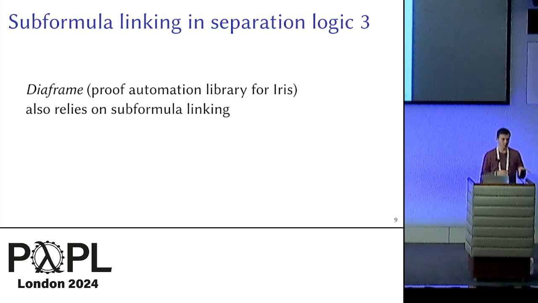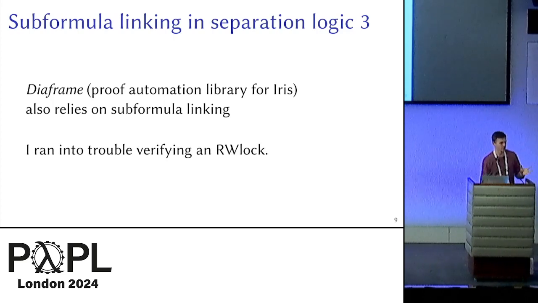Diaframe is specifically targeted at the verification of fine-grained concurrent data structures. And during the verification of a readers-writer lock, I ran into a problem. There's a bunch of quantifiers there as well, and Diaframe does something, but I got stuck, and there was a goal that I didn't expect. The quantifiers gave trouble.